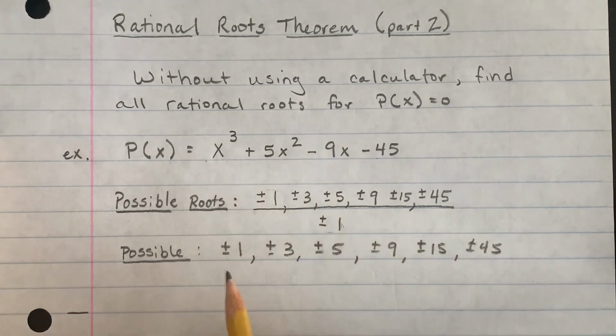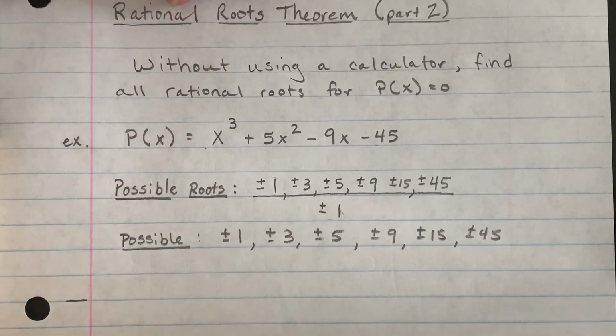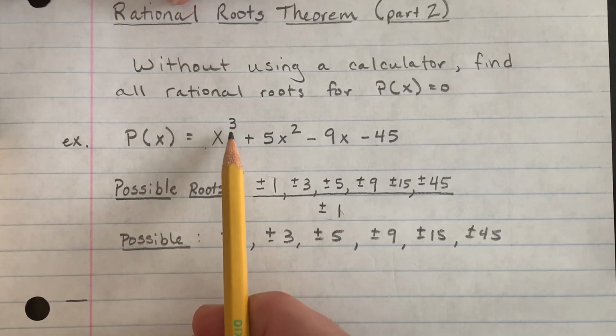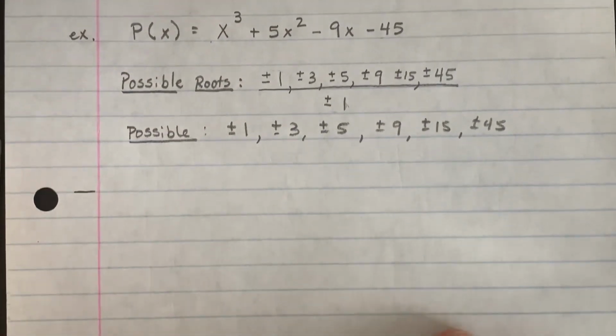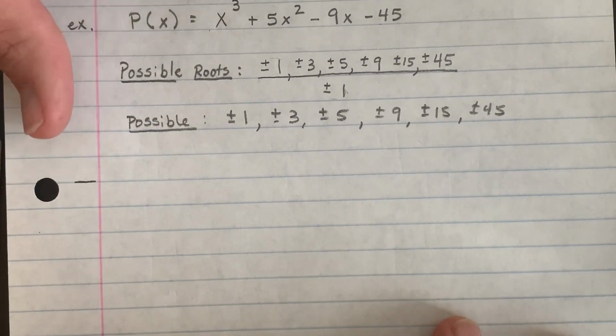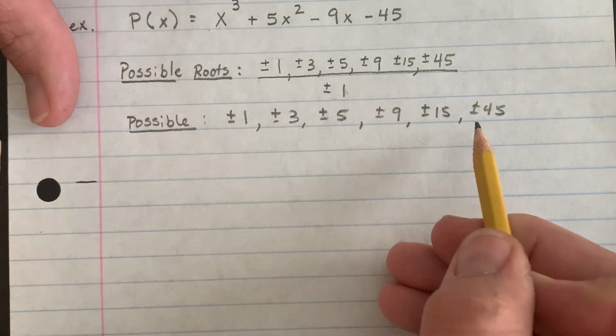That's actually a lot because of the plus or minus, so you've got 2, 4, 6, 8, 10, 12 possible roots. Now we know, based off of the fact that this is a cubic, only 3 of those will work. So we're going to use synthetic division to try to find these, and there's really no way other than just guessing and checking.